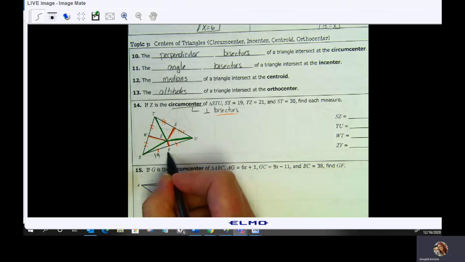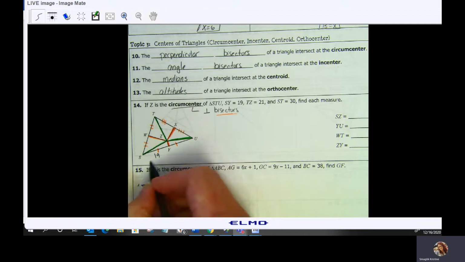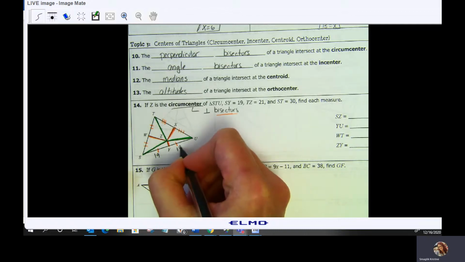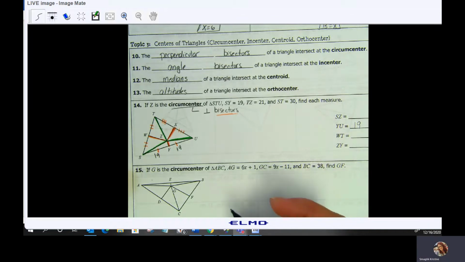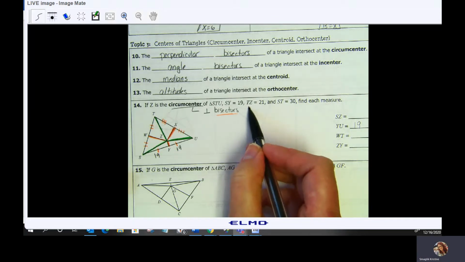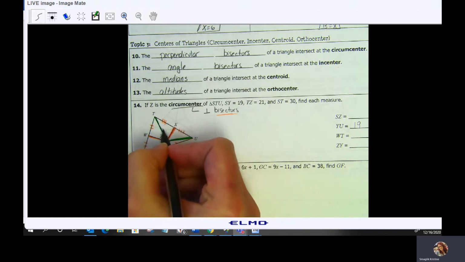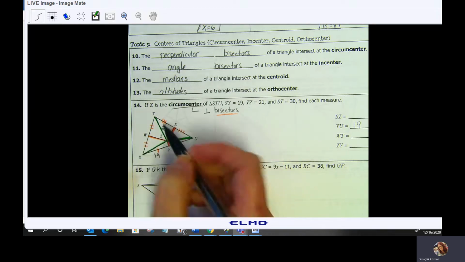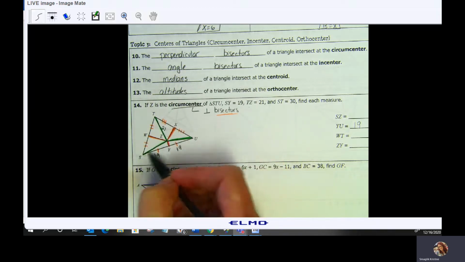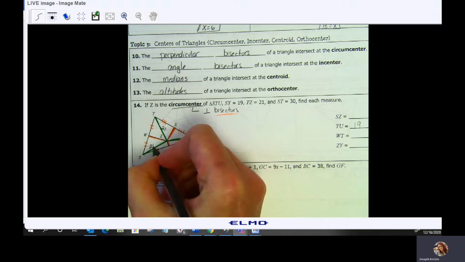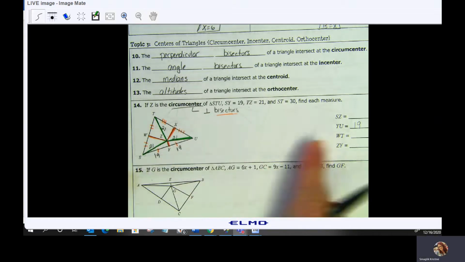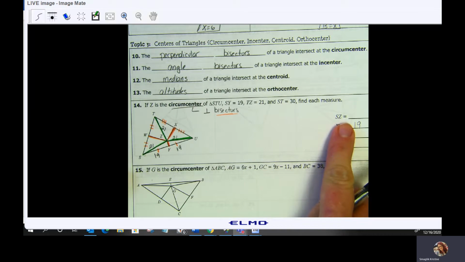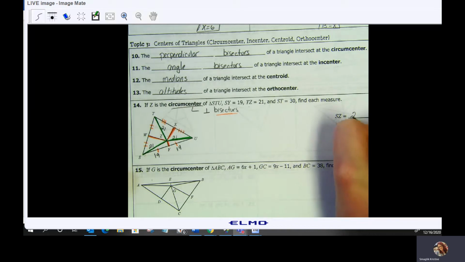Well, if SY equals 19, YU would also have to equal 19 because they are congruent. And we are asked that right here, so let's fill that in. TZ is 21. So that's this green line here. Well, if TZ is 21, that means SZ is 21, and so is UZ. And we were asked for SZ, so we know that that is 21.